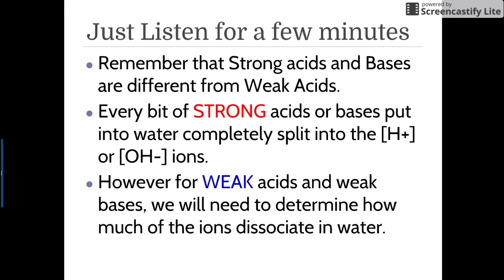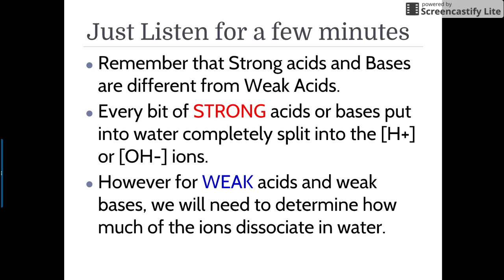And it is. So first of all, hydrochloric acid, or HCl, is what's known as a strong acid. We'll talk about bases later. Acetic acid is known as a weak acid. There is a big difference. A strong acid, or a base, changes completely into the hydroxide or hydrogen ion in a reaction. So when you put HCl in water, all of it changes to H plus and Cl minus.